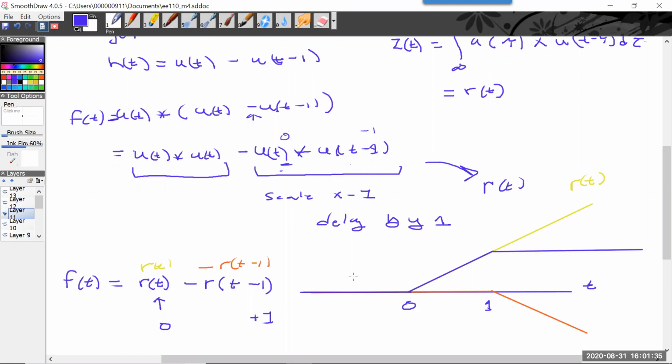And that's what we ultimately get. Really, we just needed to know how to scale something by minus 1 and then sum delays to get what we needed. Okay.